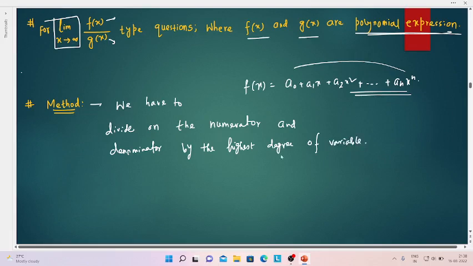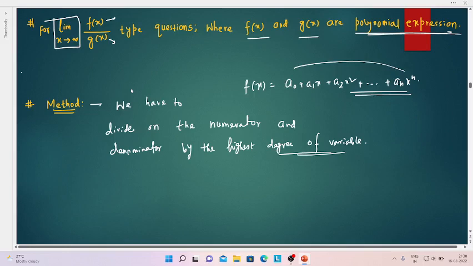So basically, when a question of the limit as x extends to infinity of fx by gx type is given to you, and you can see that fx and gx are polynomials, you have to find the highest degree of these expressions, and divide the numerator and denominator by the highest degree variable.